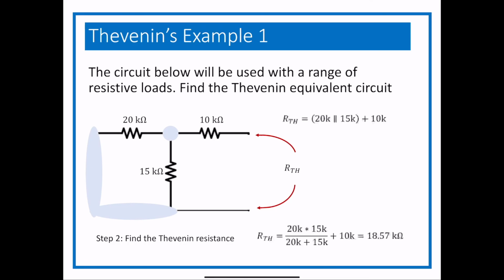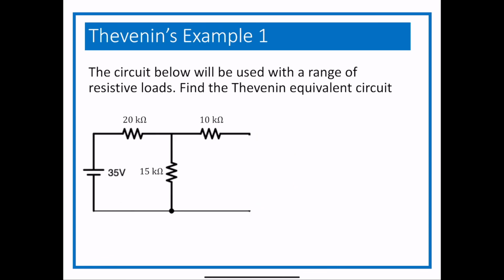Thevenin resistance is not usually too difficult. Most students have no trouble with that. The Thevenin voltage, though, is the other part of the problem. So what we want to find is the open circuit voltage that is across the gap left by removing the resistor.